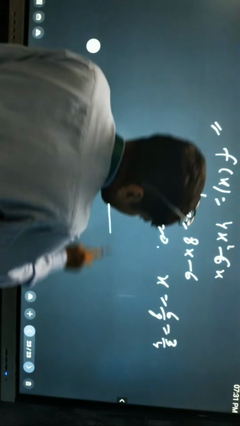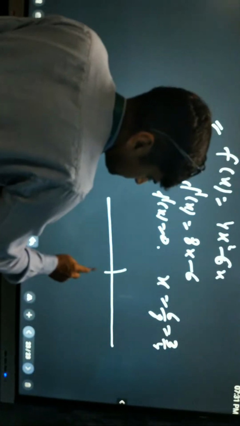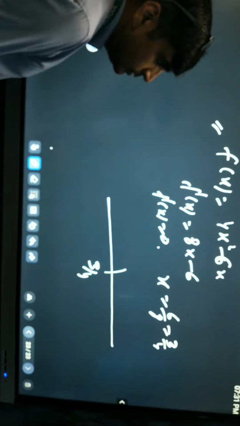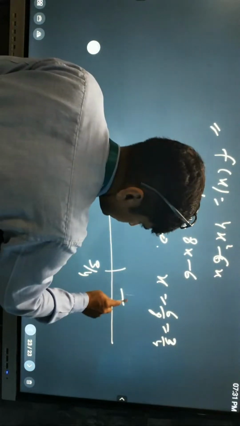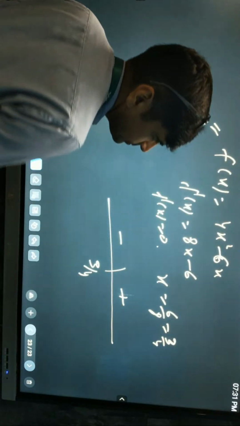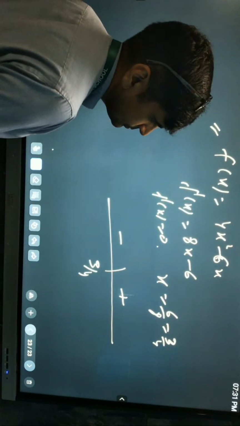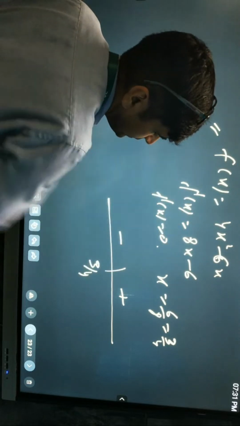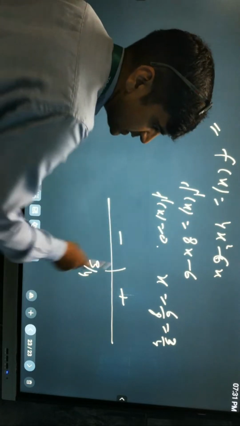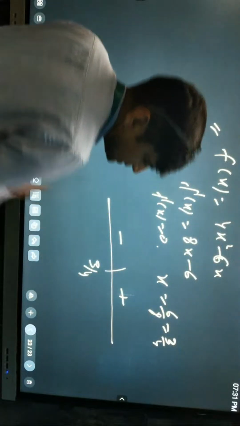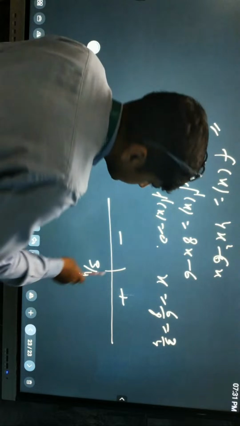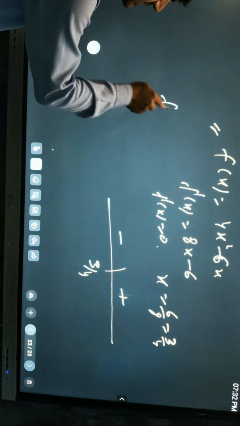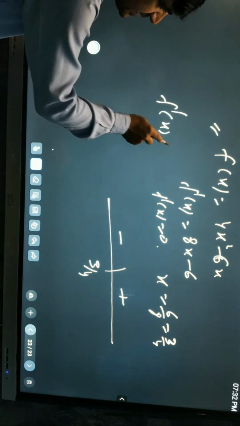Now after calculating the critical point, plot this point on the number line बच्चों. From here, this is positive and this is negative. If you put a value of x in the derivative, the portion ahead will come positive and the portion behind will come negative. Then we say that my f(x) is increasing when f dash x is greater than 0.